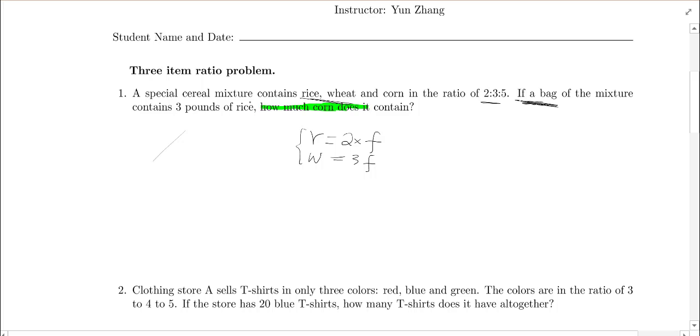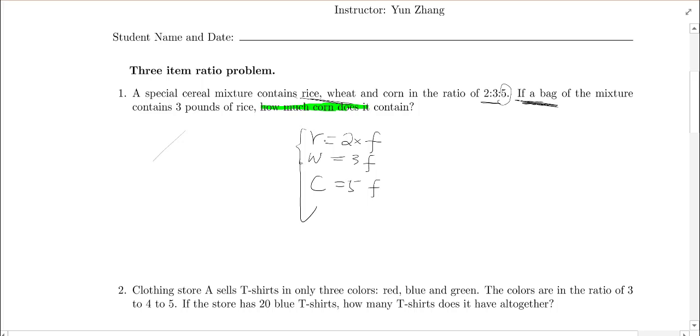From now on you need to get used to having more and more notations. It's totally fine. I'm going to extend this. So I have R equal to 2F, W equal to 3F, and C equal to how many F? 5, right? Correspondingly, this is 5F.